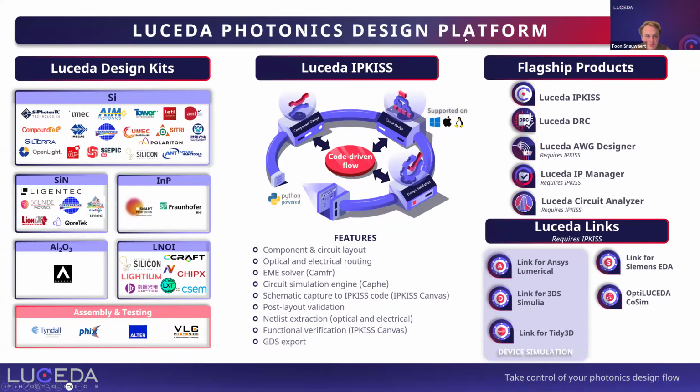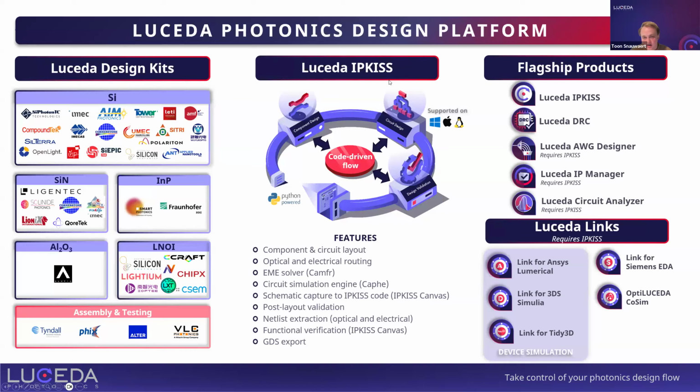Here you can see our actual platform. On the left side you can see the design kits that we offer. We offer silicon design kits for different material platforms as well, like silicon nitride, indium phosphide, aluminum oxide, and lithium niobate. And we also offer a few assembly and testing PDKs.